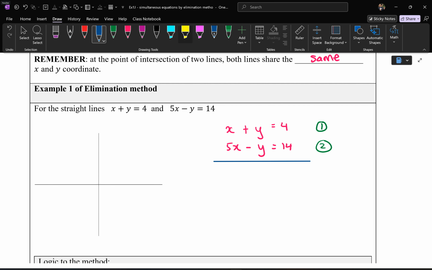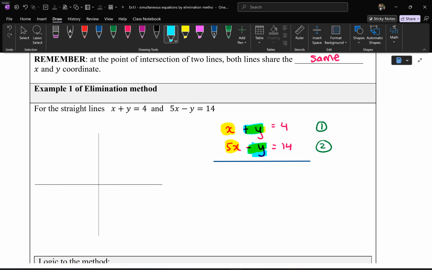Equation 1 has only one x. The bottom has 5 of these x's. They're different quantities. Whereas this one has one y, and I know it's positive 1, and this one is also 1y, but it's negative 1. It doesn't matter about the signs. These two have the same quantities.